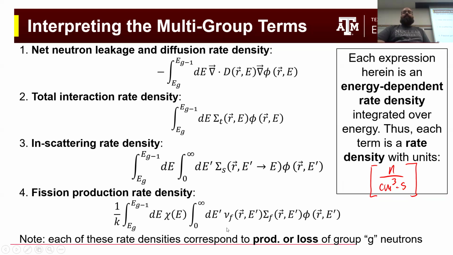And then these would be the number of neutrons per unit time per unit energy that are born from fission into the current group little g. So these are all just production and loss terms, but just for the neutrons in group little g.